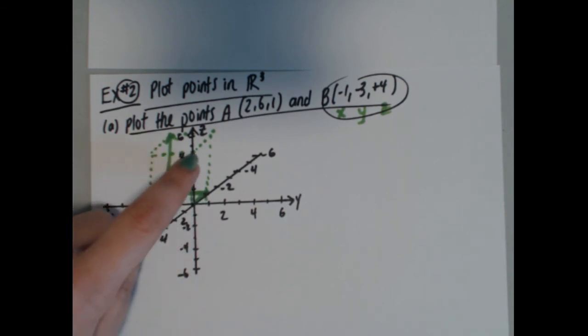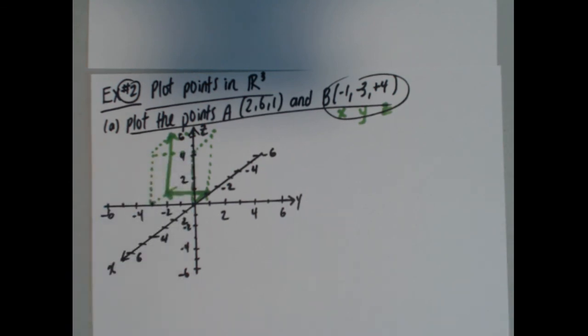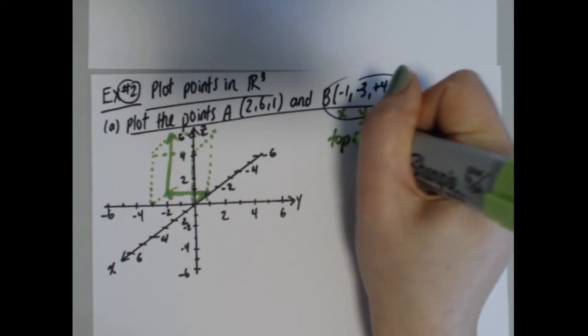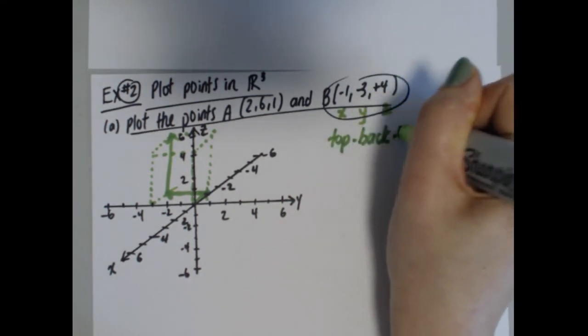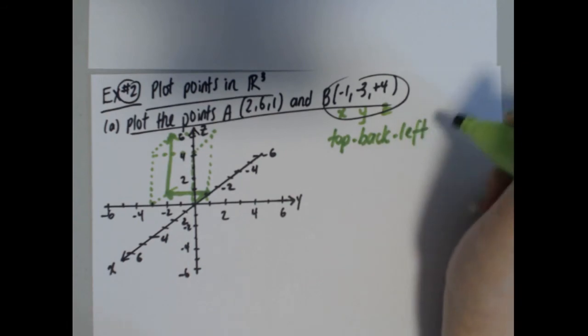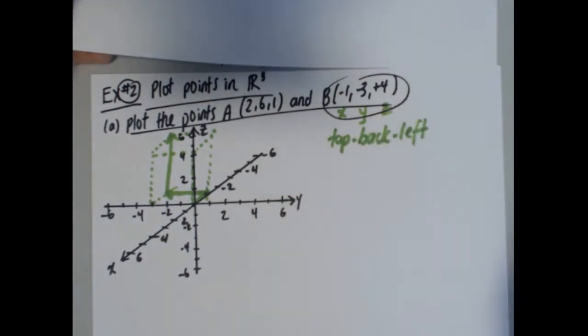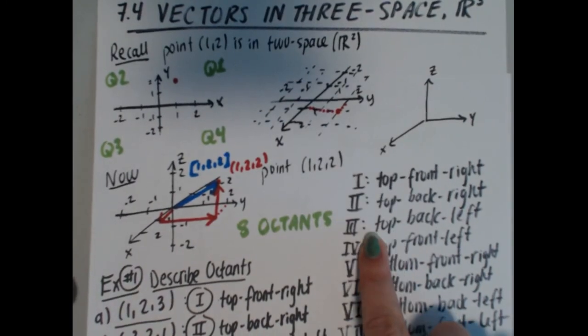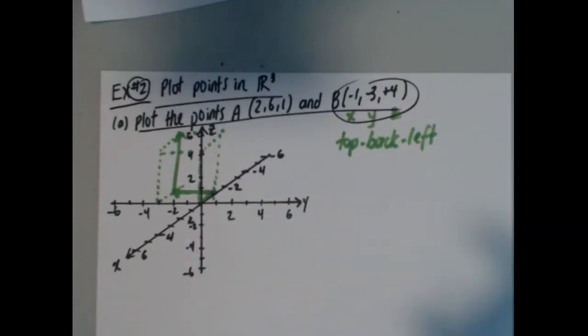Okay, so notice that this line lines up with the +4 on the z-axis. So we trace out a rectangular prism, like I keep saying. Now B, notice that it's in the top, it's in the back, and it's on the left. Okay, so if I look at my descriptions, top, back, left, where does that show up? Right here. So that's octant number 3.